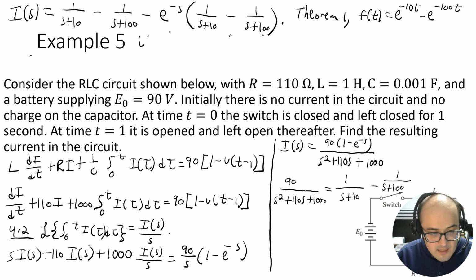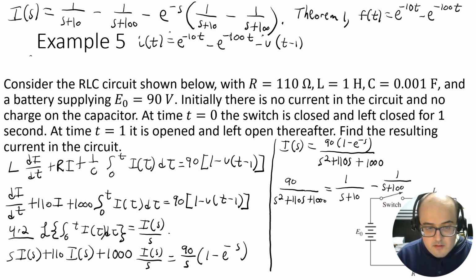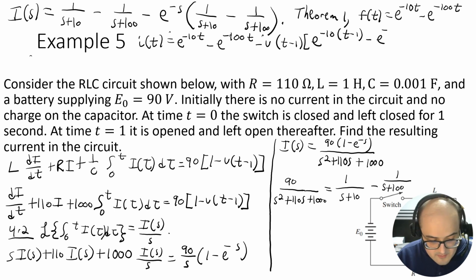I'll write this as I of t. This would be e to the negative 10t minus e to the negative 100t minus u of t minus 1 times e to the negative 10 times t minus 1 minus e to the negative 100 times t minus 1.